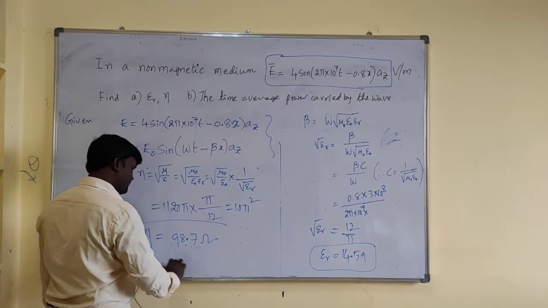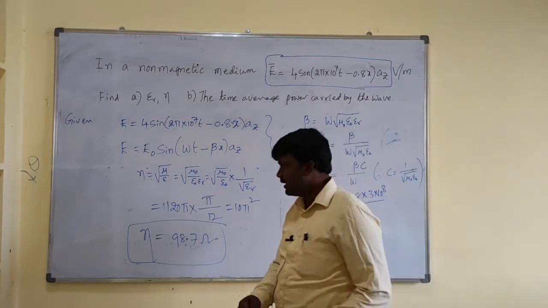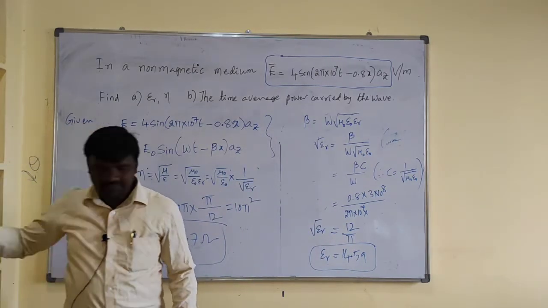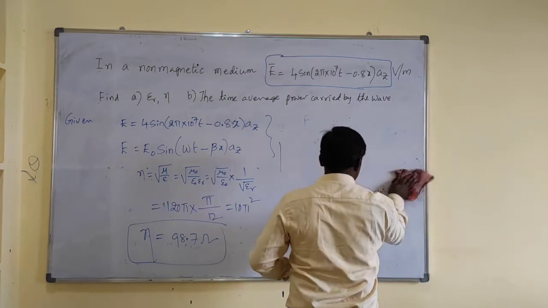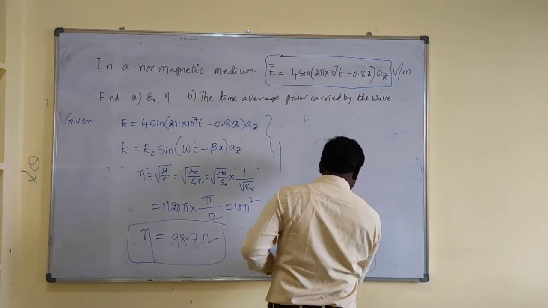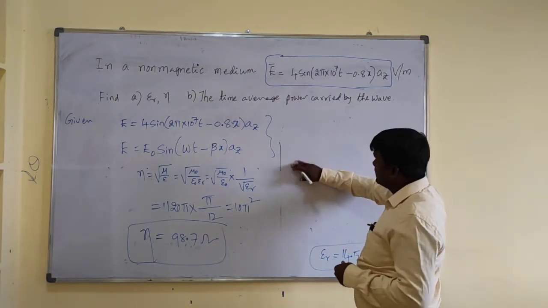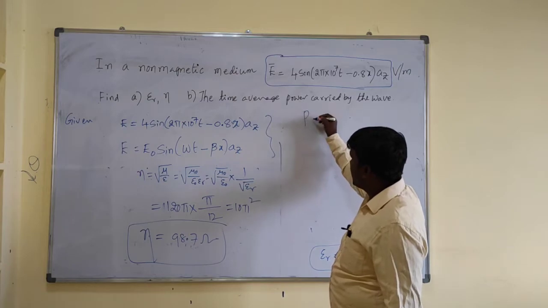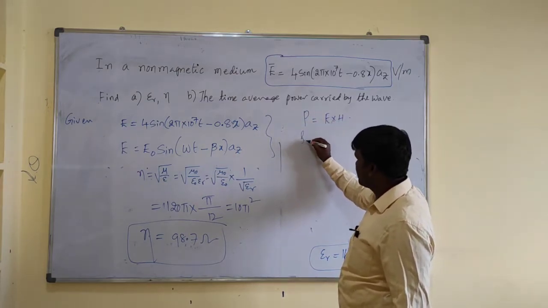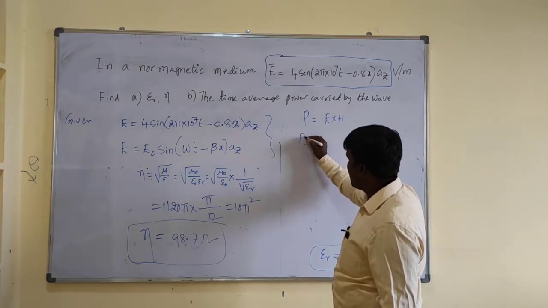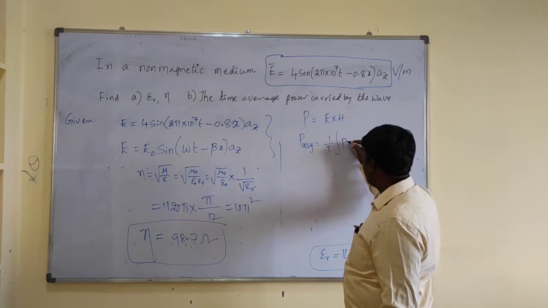This is eta. Next, the time average Poynting vector. We know that P is E cross H, and the time average Poynting vector, P average, is 1 by 2 integral P dt.